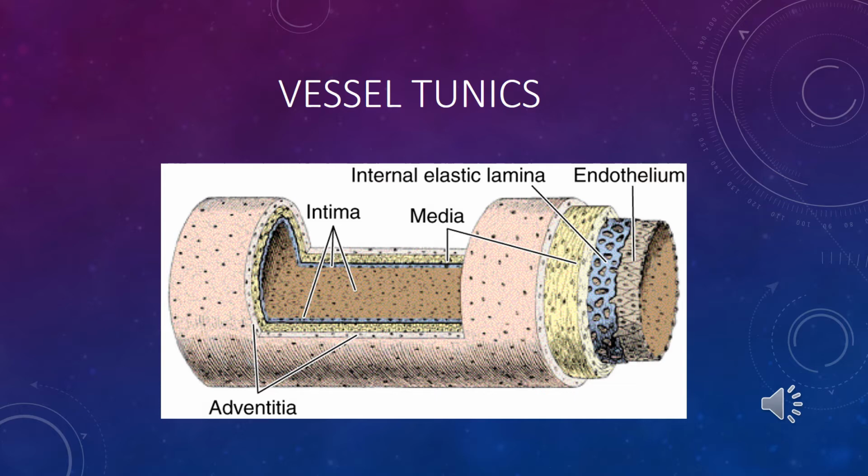Look very attentively. It represents the composition of the wall with tunics: tunica intima, which includes endothelium; next, tunica media, which includes smooth muscle cells; and adventitia, which is composed of loose connective tissue.